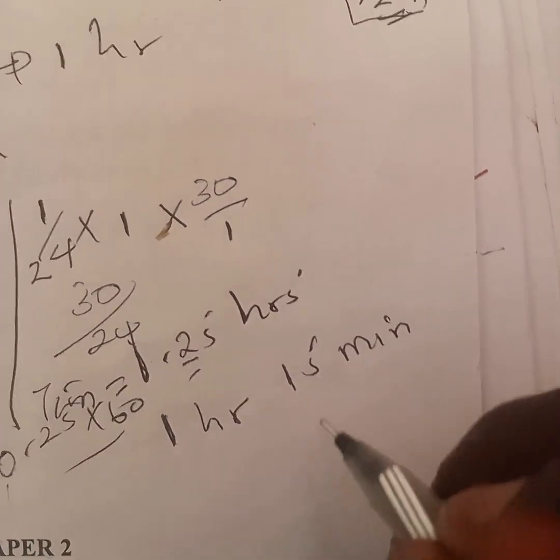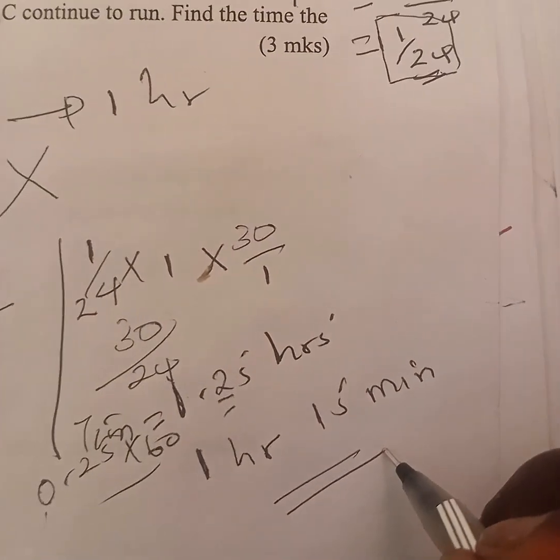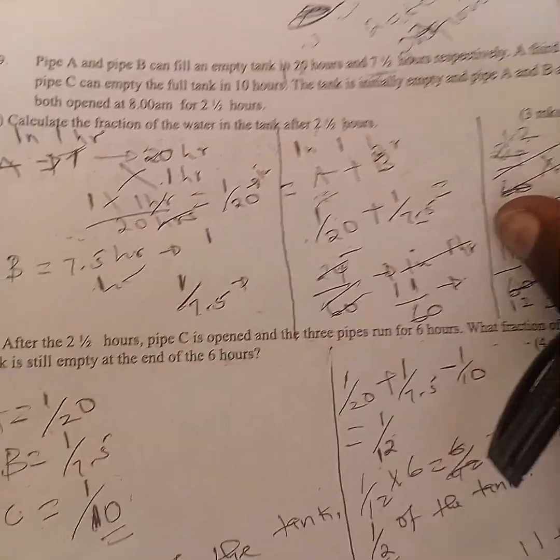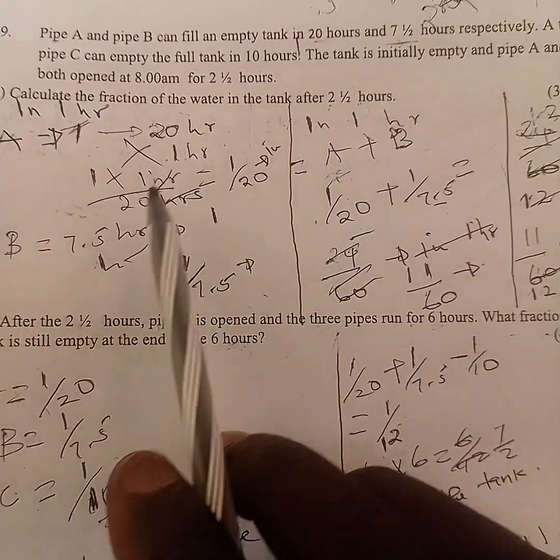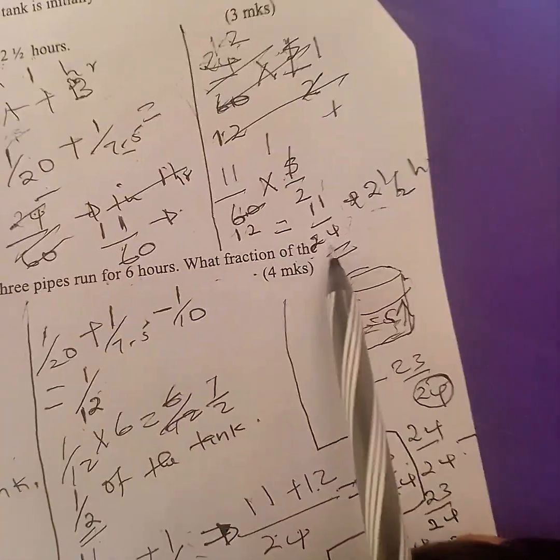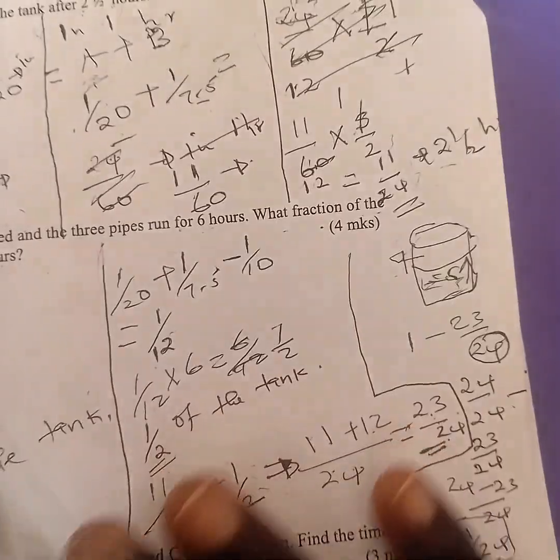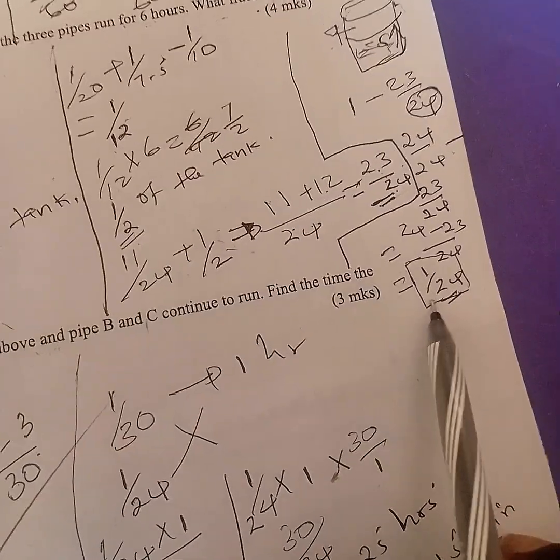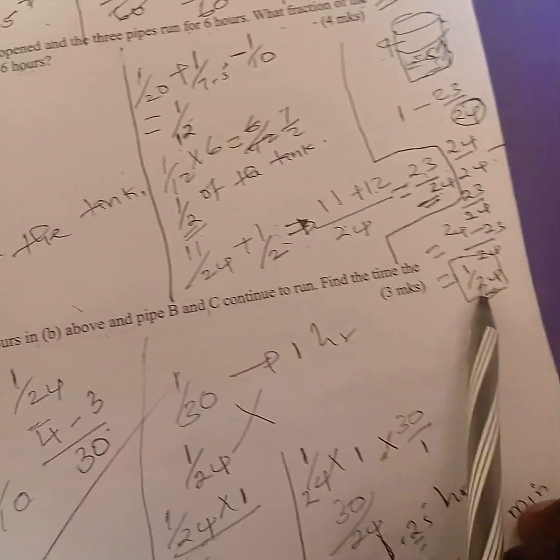So it will be 1 hour 15 minutes. So that is it, and we have answered our question. That is 10 marks. The first one is 11 over 24, and the second one is 1 over 24. This is the empty.